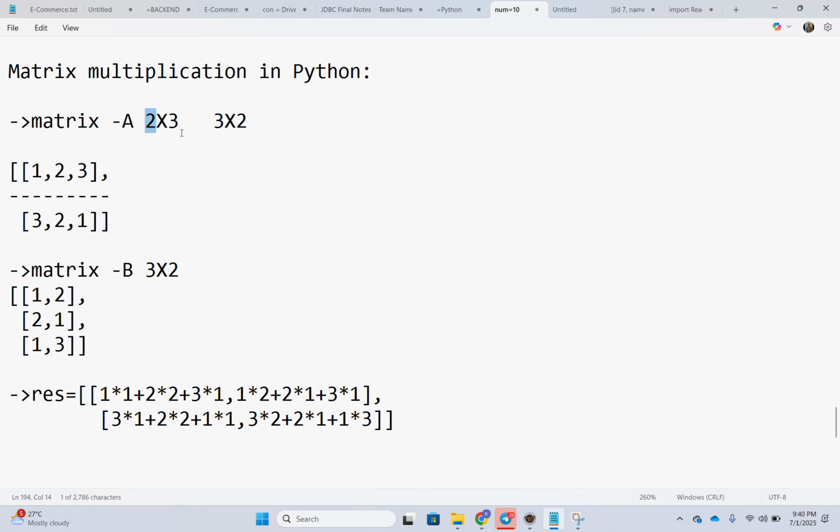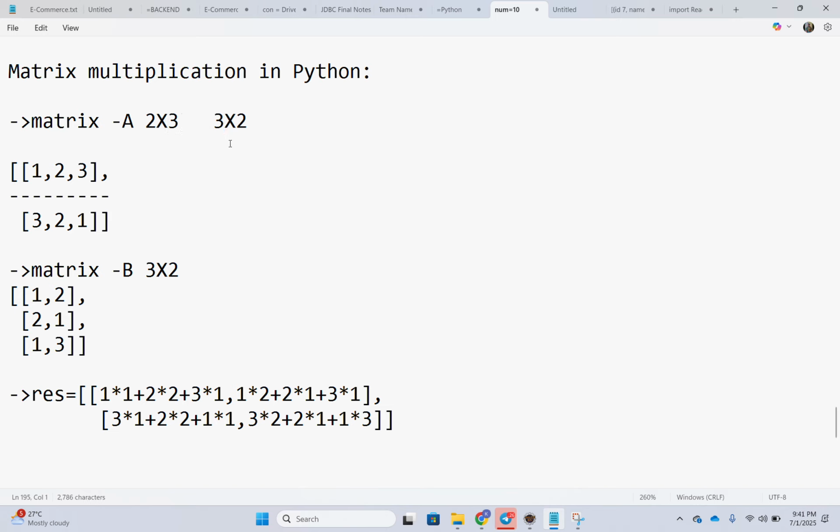See here we have 2 and we have 2. So for the resultant matrix, I said two conditions. The first condition: matrix A columns must be equal to matrix B rows, then only we can perform multiplication.